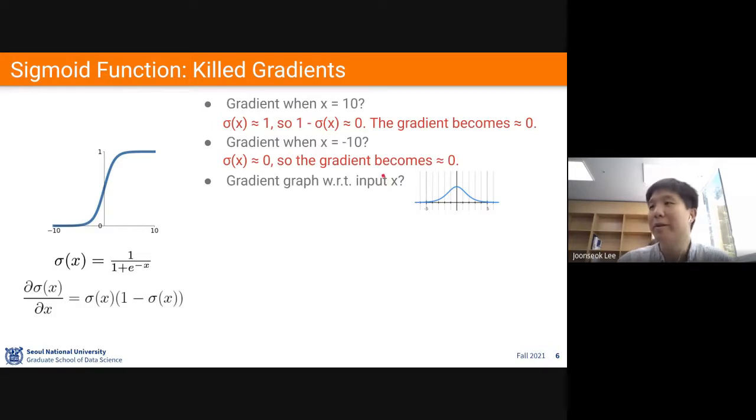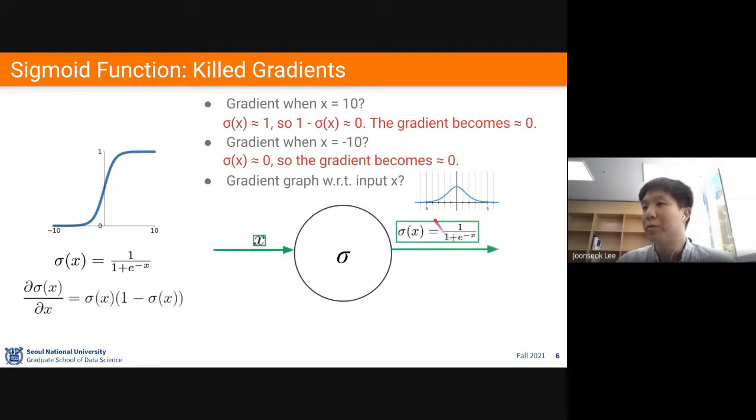Why does that matter? We use this gradient to update the value of the parameters, right? So for this node, we have some input and we have the output like that. This is the forward pass. And when you compute the gradients, from this upstream gradient, what we do is compute the local gradients within this node, and we output that multiplied with the upstream gradients.